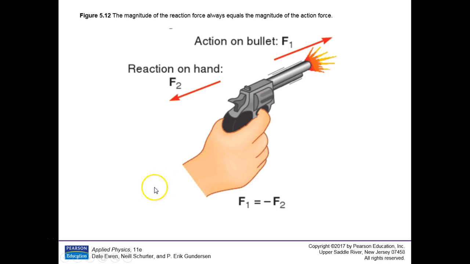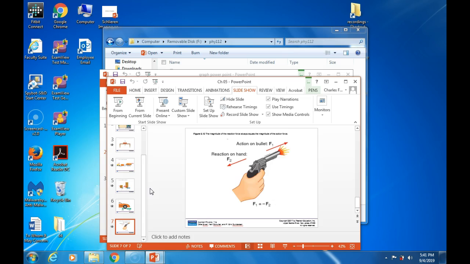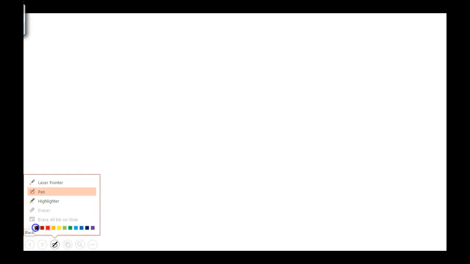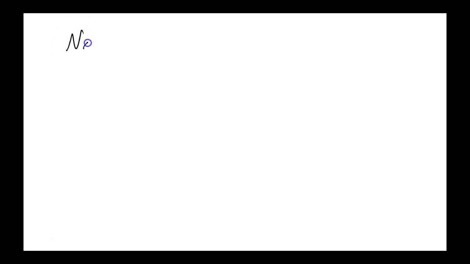I think I'll go back because there's not enough room to write here and write on this slide. Okay. Newton's third law. For every force, let me get my pen back. Okay. Law of action and reaction.